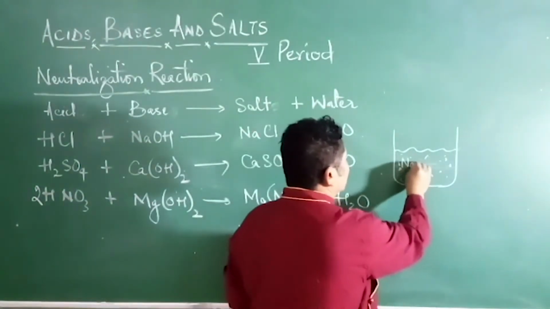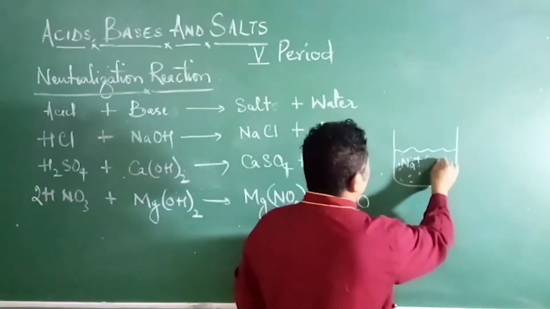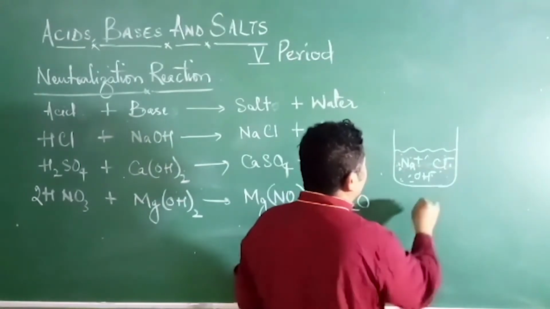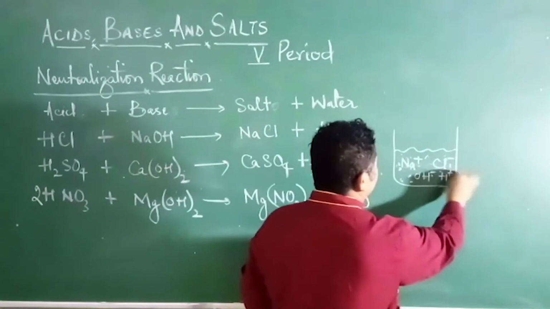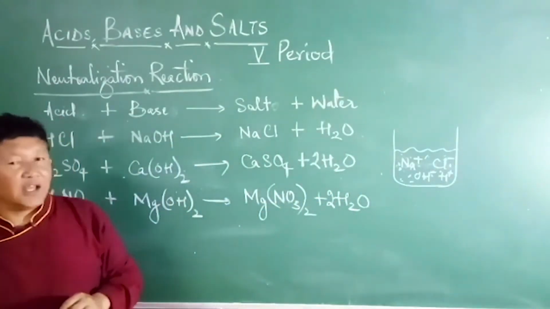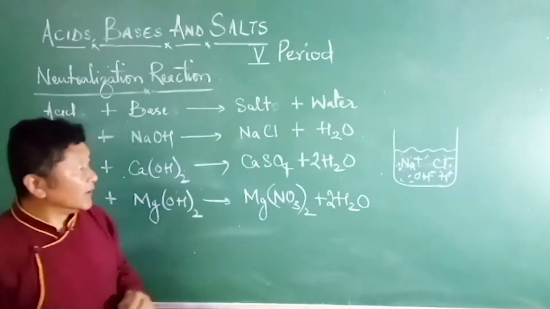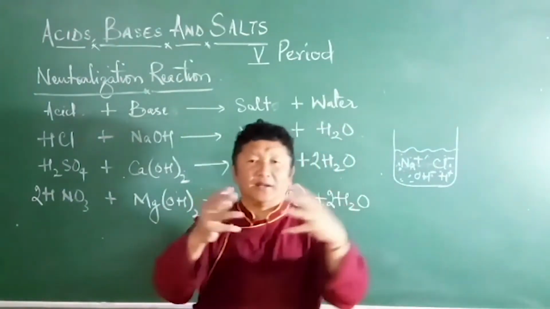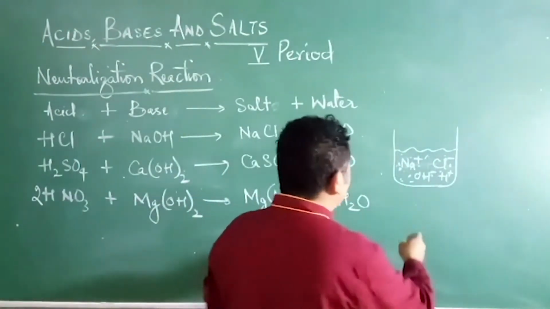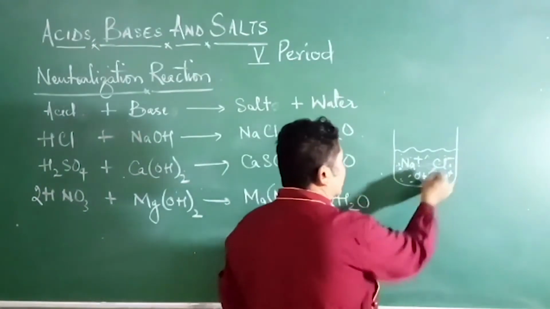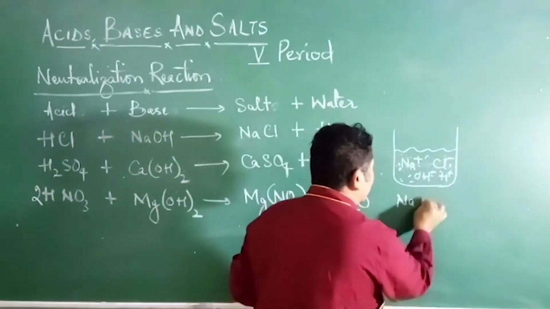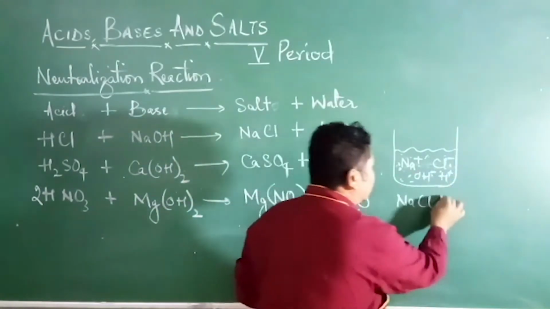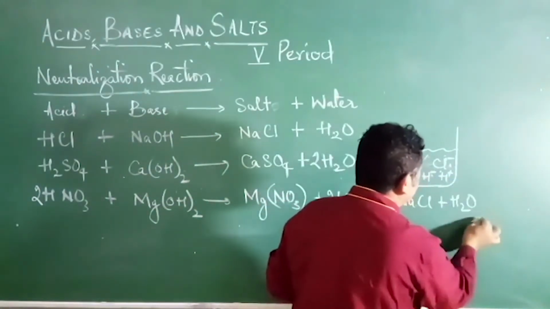There are sodium ions, chloride ions, hydroxide ions and hydrogen ions. These ions recombine: sodium combines with chlorine to form sodium chloride, and hydrogen combines with hydroxide to form water.